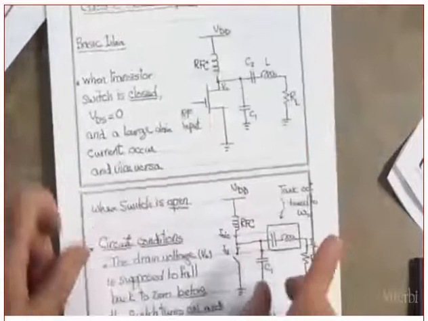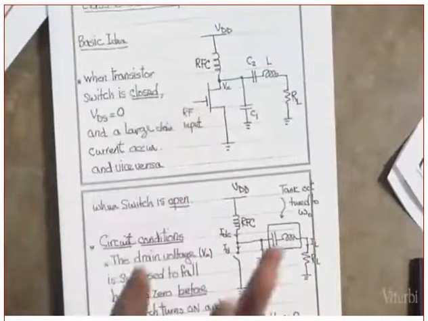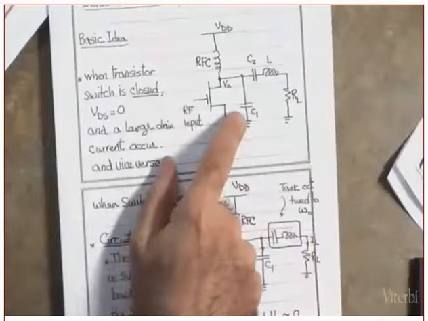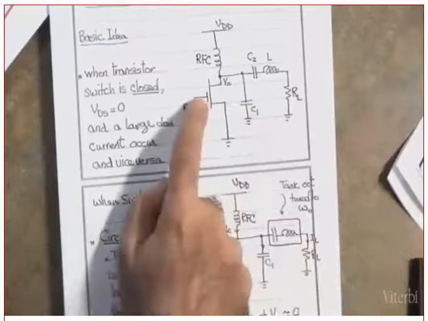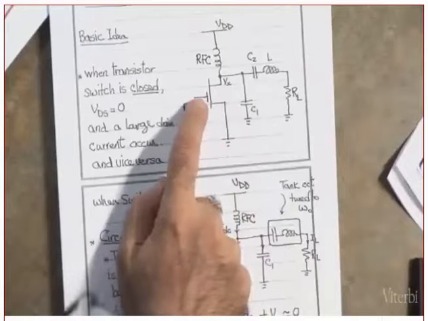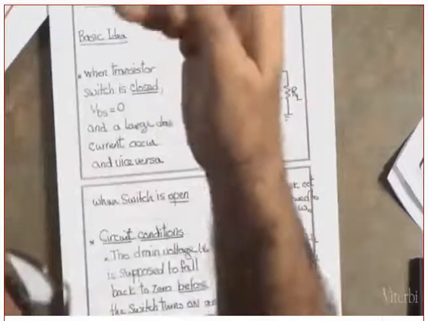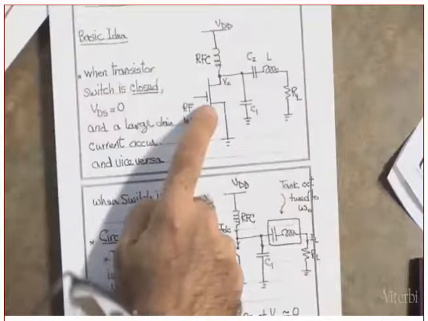You have to remember one thing here, and this is the point that I'm trying to make. You know the capacitor cannot change its voltage instantaneously. Do we agree? If the voltage at the input is low, below the threshold, this one is supposed to be cut off.